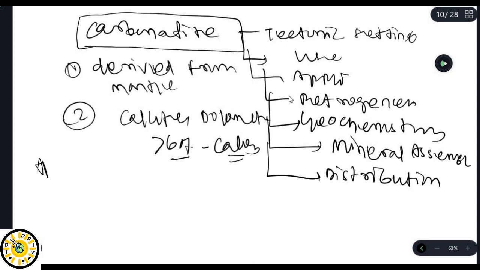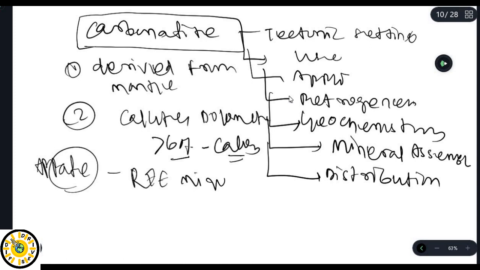Apatite is the major source for rare earth mineralization, an indicator and proxy for rare earth mineralization. So carbonatite is also considered a proxy for rare earth mineralization. So carbonatite is a mantle-derived rock, dominated by calcite.